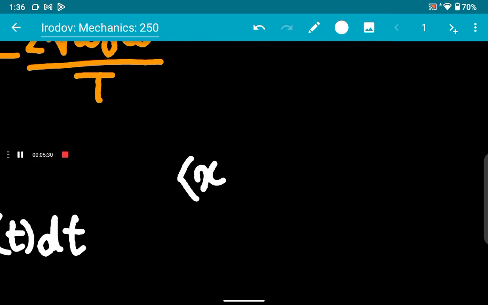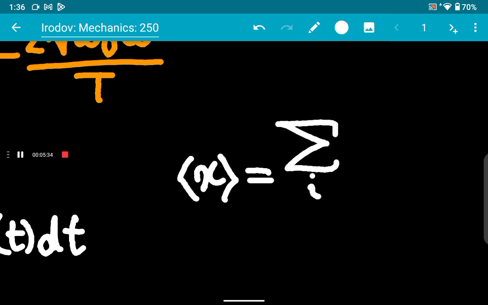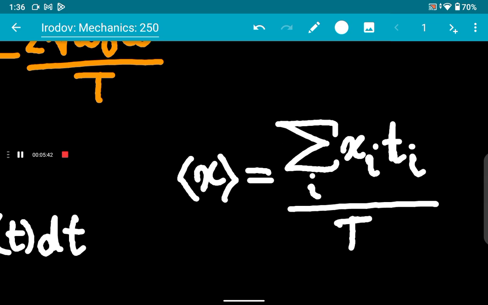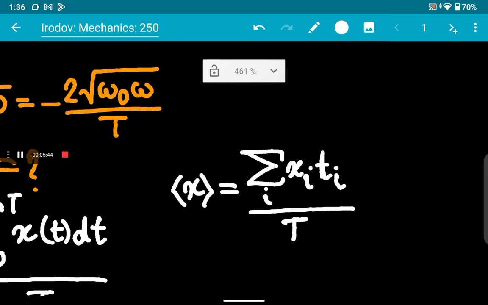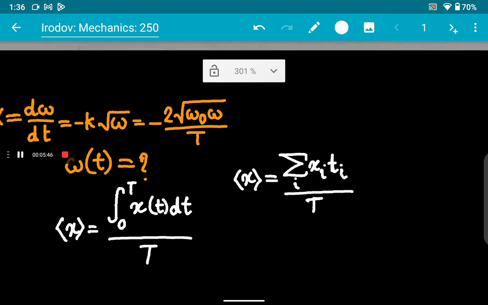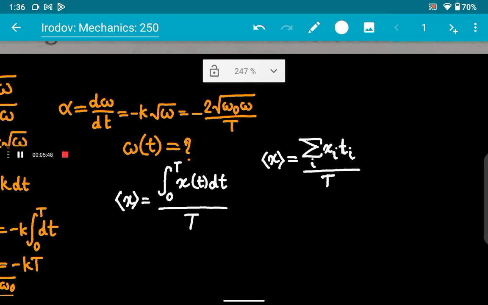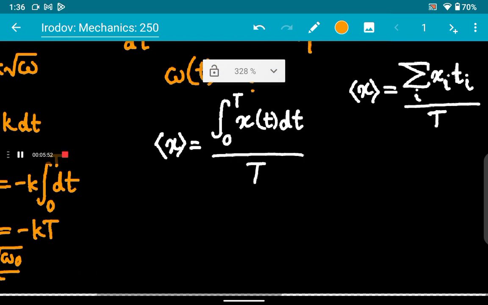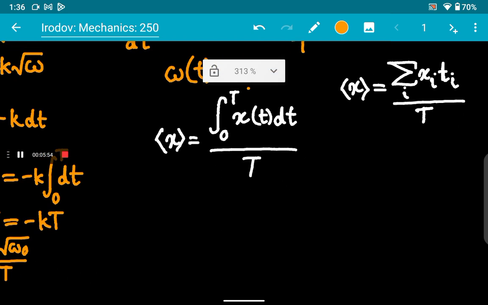I hope you know those things, but in case you don't, this is the summation of xi into ti, where ti is the corresponding time to the xi. Just note these two formulas, you may need them sometime. Anyway, now let's proceed with our problem by ascertaining omega of t.